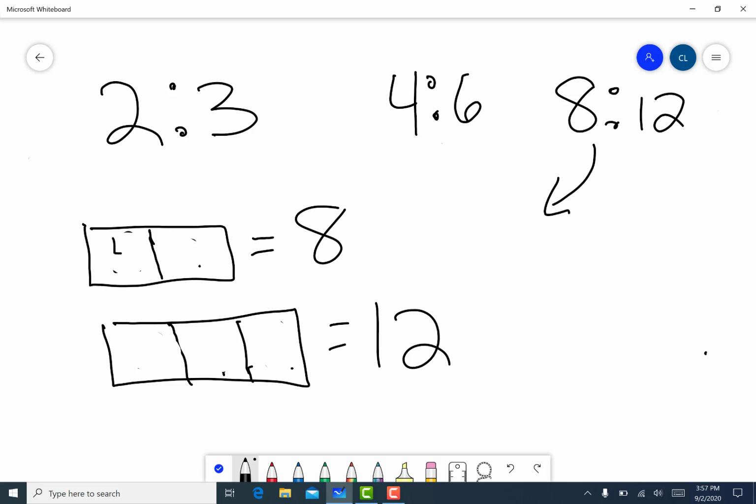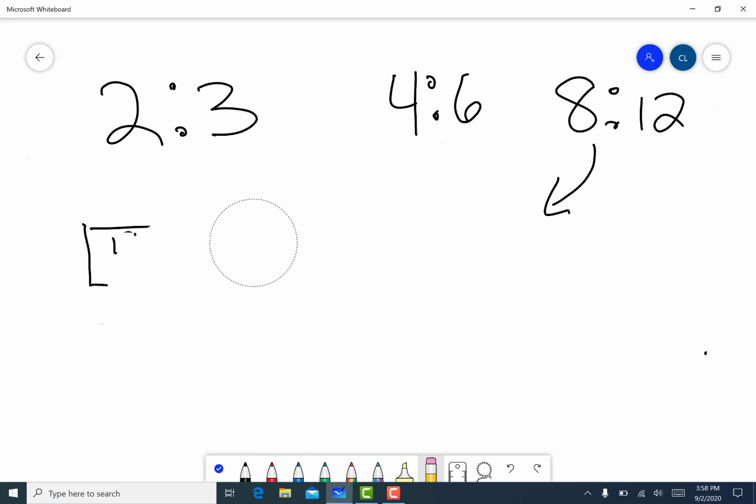All right, so you should have seen that each box can equal 4. So for the top 2 boxes, each one equals 4, you'd have 8. And for these 3, you'd have 4, 8, 12. So I used a diagram for number 1 to show that 2 to 3, 4 to 6, and 8 to 12 are all equivalent.